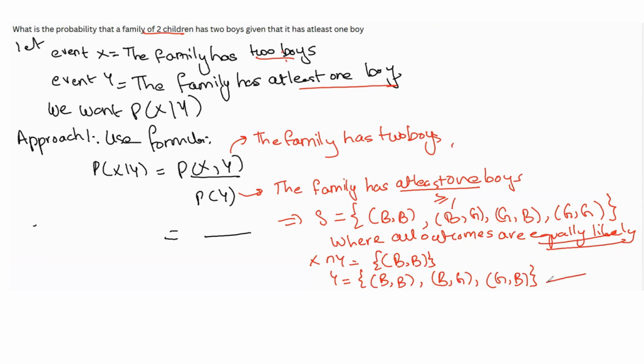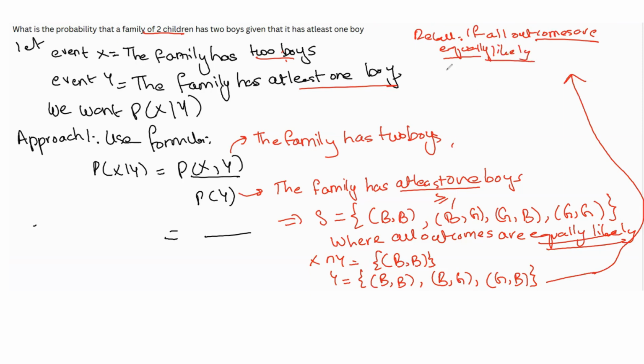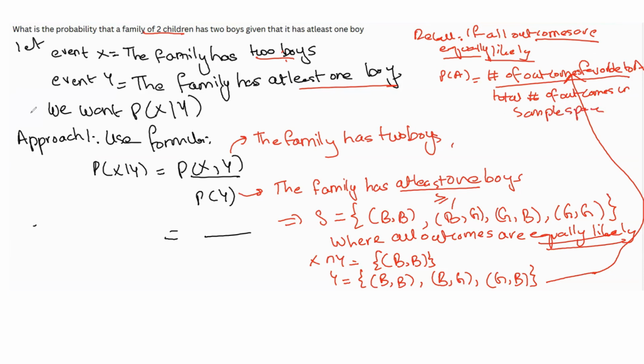Now let's recall something. If all outcomes are equally likely in our sample space, and in this case they are, the probability of A can be found as the number of outcomes favorable to A divided by the total number of outcomes in the sample space.